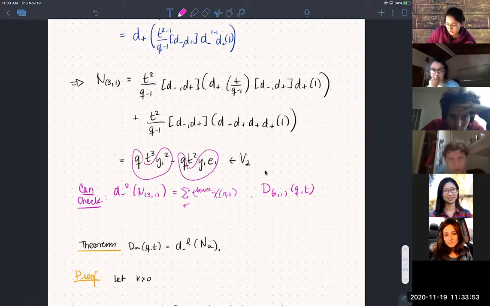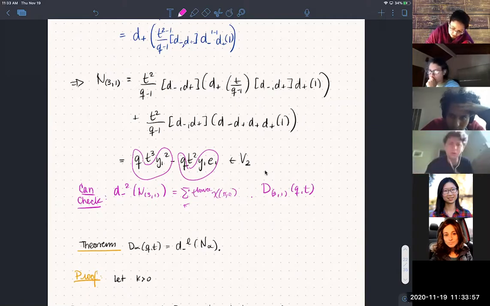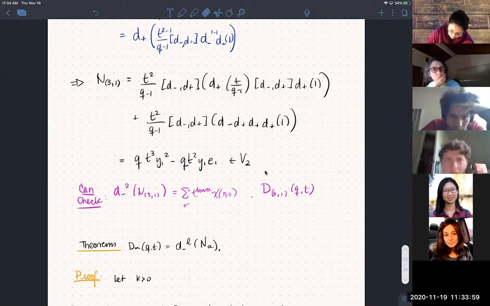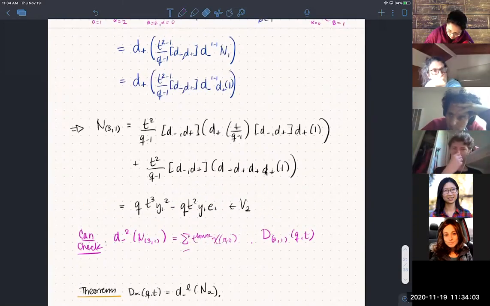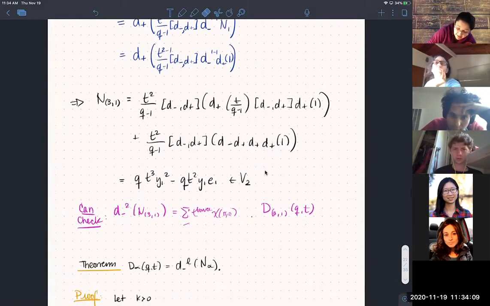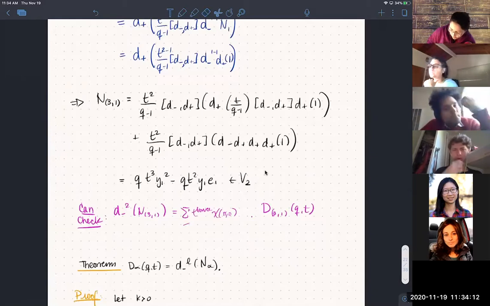Sorry, I'm just asking about this form, the previous formula actually. In the previous formula, you have these commutators of d minus, d plus, and from your previous theorem for chi pi 0, you were saying that these are corners of some things. But that's the whole point. That's exactly the whole point.